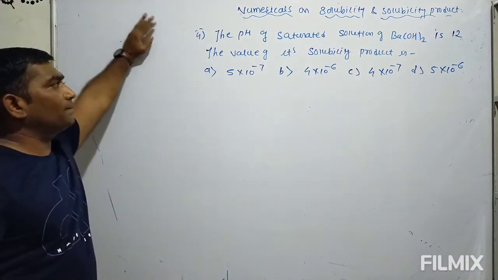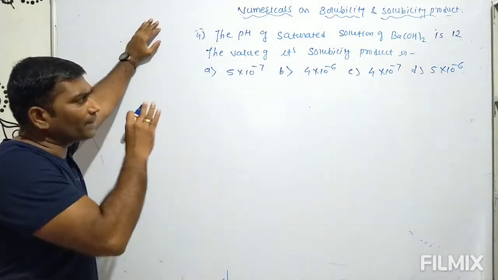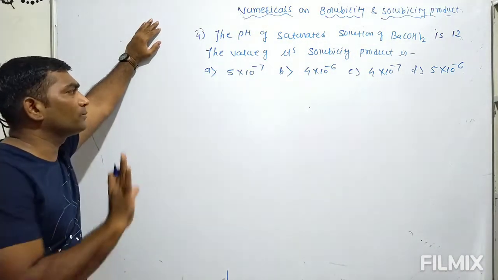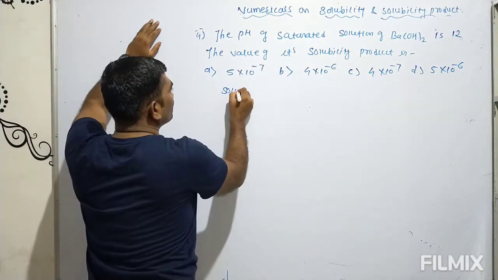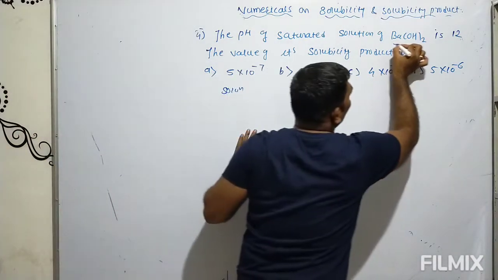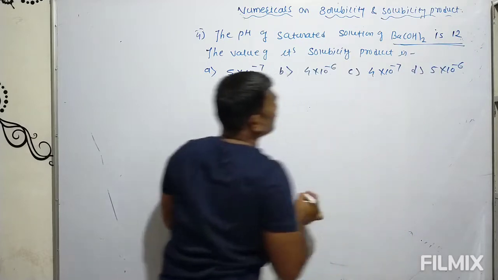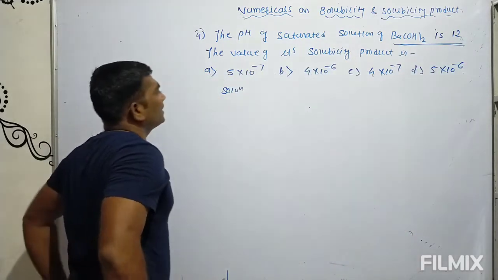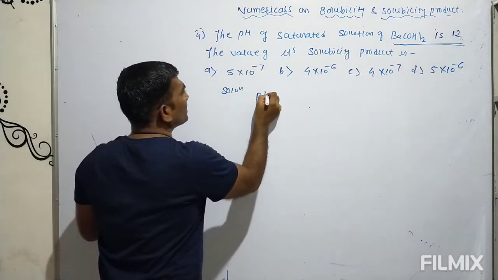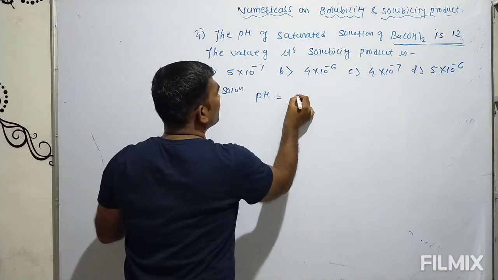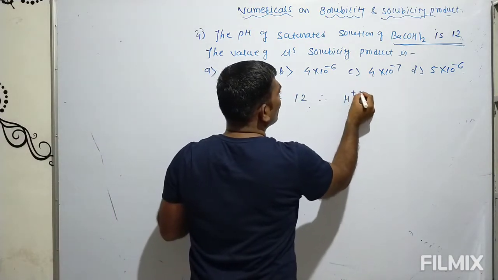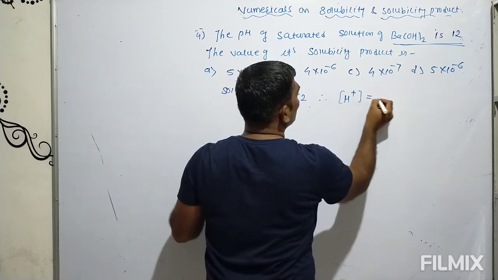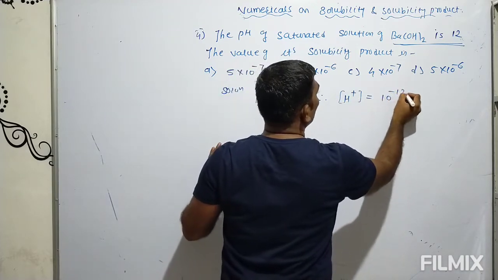Now listen here, this is quite a different type, but the way of solution is easy. Now the solution. What is given? pH is given. As pH is equal to 12, the H plus ion concentration is 10 to the power minus 12.